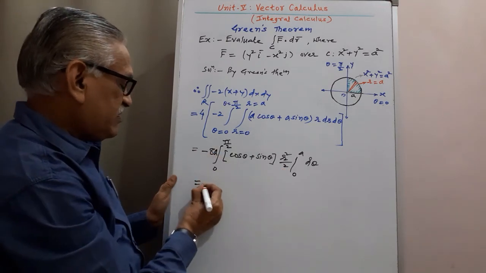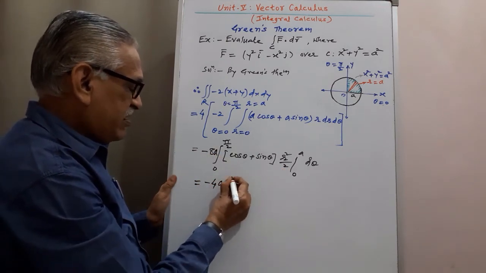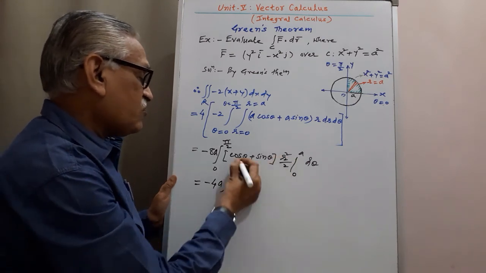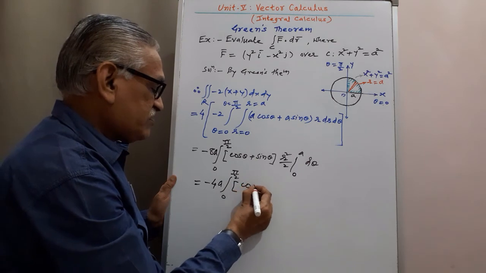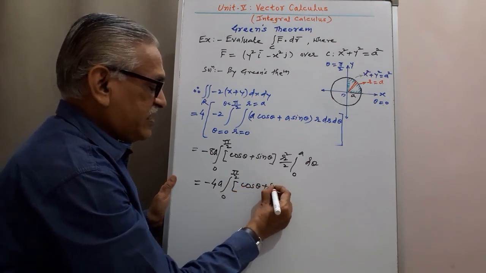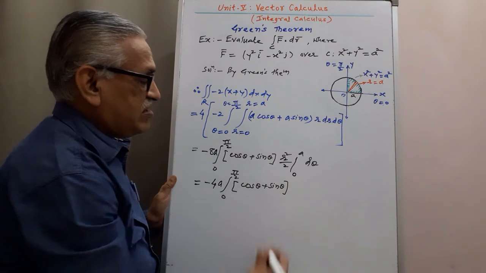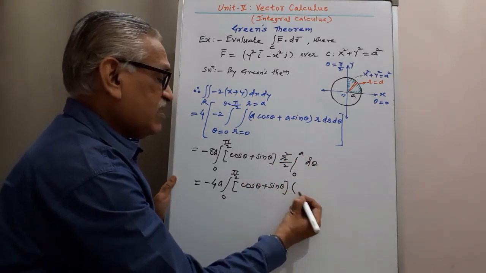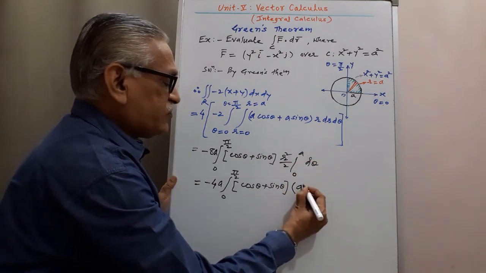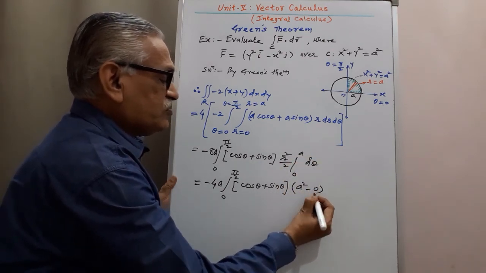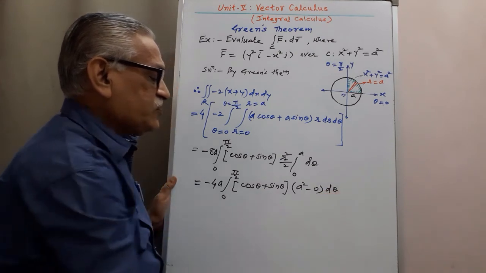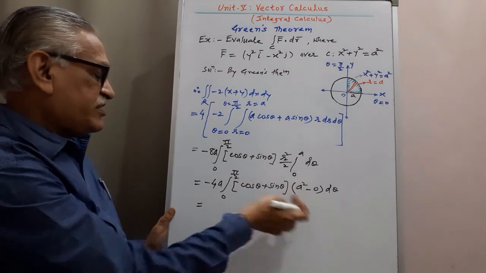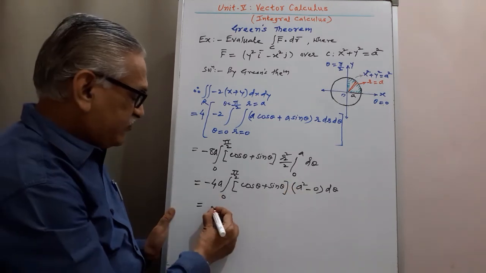Dividing by 2 we get minus 4a, integration from 0 to pi by 2, cos theta plus sin theta as it is, and substituting upper and lower limit. Upper limit for r is a, therefore it is a square minus lower limit 0. Taking a square outside the integral sign, we get minus 4a cube.